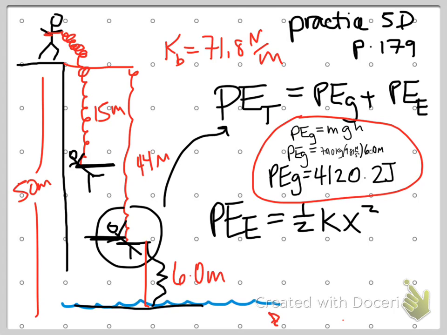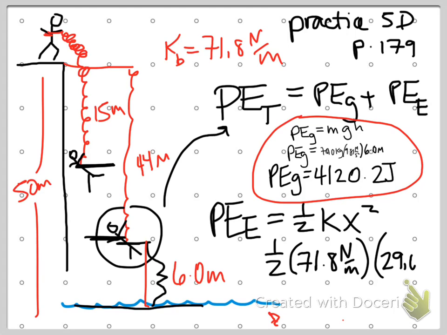Our K was a given of 71.8, so 1/2 times 71.8 Newton meters over 44 minus 15 is 29. Oh, it's in the book. Duh. 29.0 meters. That quantity squared. So 29 squared times 0.5 times 71.8.